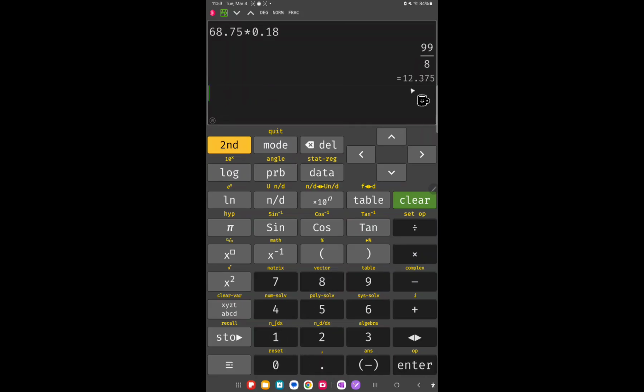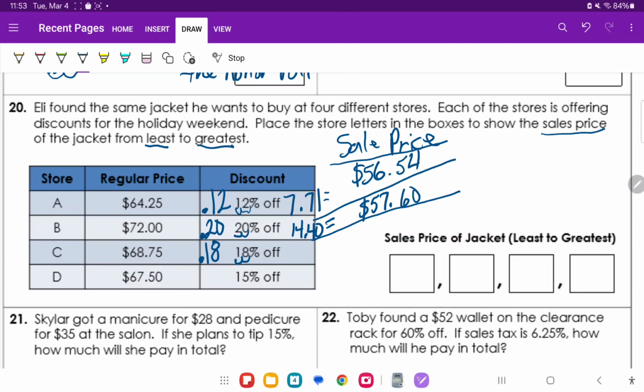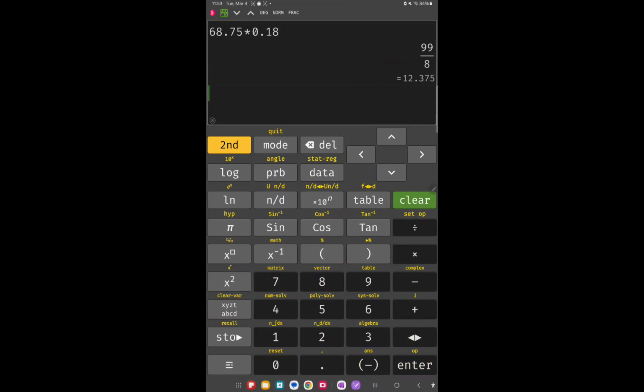That's going to give us 12.38. So that's the amount of the discount. Then we're going to round that up right there to 38.